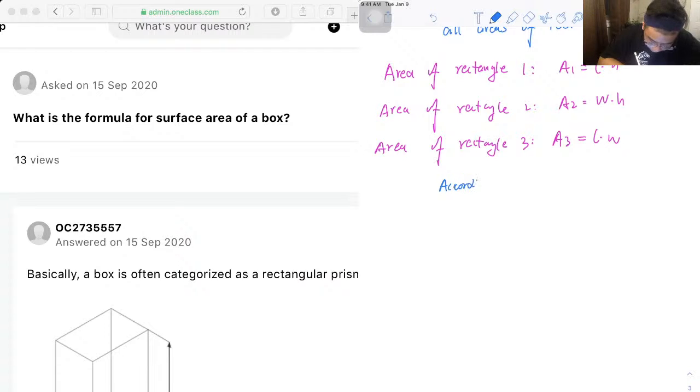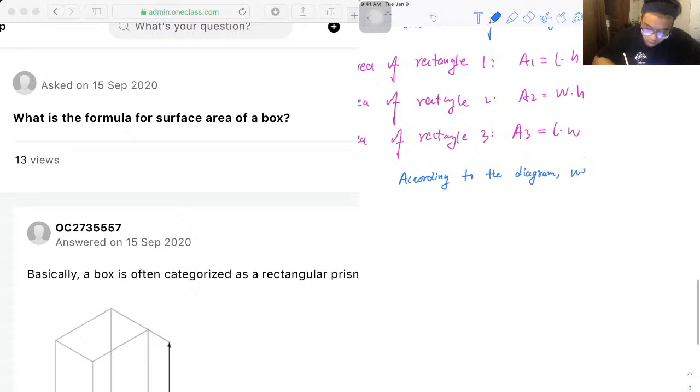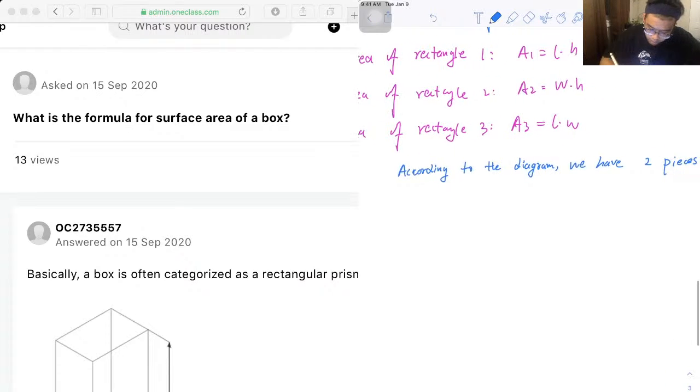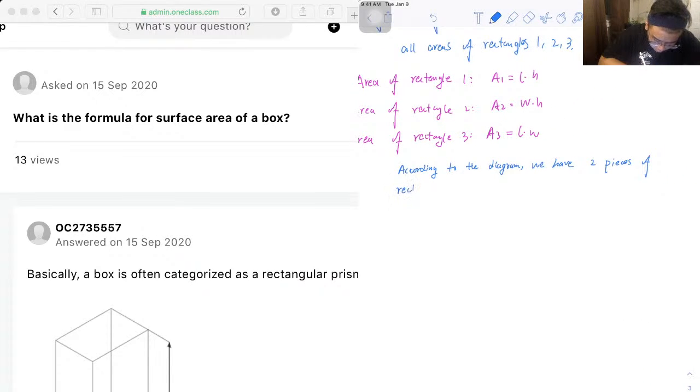According to the diagram, we have 2 pieces of rectangle 1, 2 pieces of rectangle 2, and 2 pieces of rectangle 3.